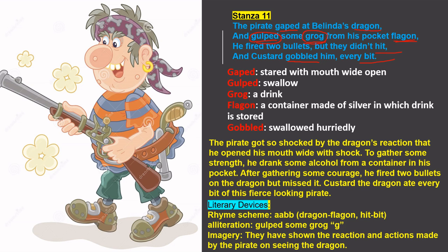Then you have imagery. They have shown the reaction and actions made by the pirate on seeing the dragon. So you see here, when the pirate saw the dragon, what was his reaction? That is shown here, and this literary device is known as imagery.